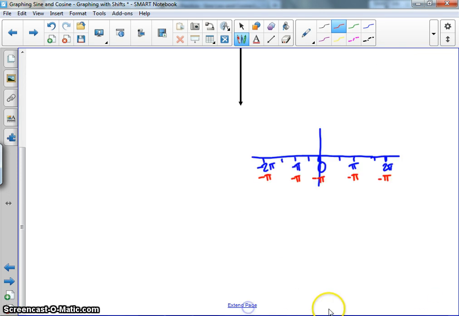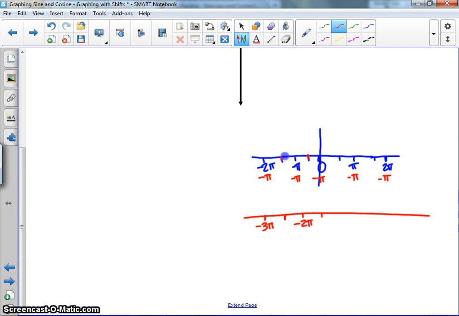And so when I do that, it's going to give me the new values of the points that I need to graph. And so I'm going to come down here. This is going to be at negative 3 pi. And I'm going to make sure I don't forget about any points, so I'm going to put a dash where I'm going to have one in my original. So I would have negative 3 pi and then a dash. And then this would become negative 2 pi, and then a dash.